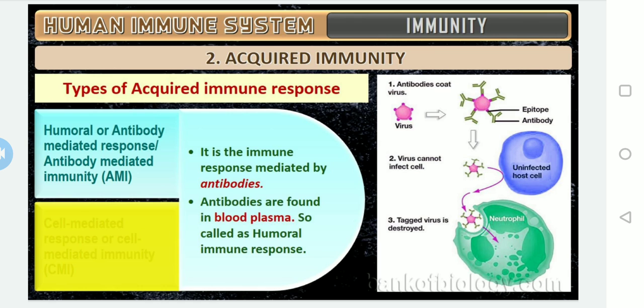So what happens? Before performing any surgical operation, they will check tissue matching and blood group matching; these are essential for organ transplantation.